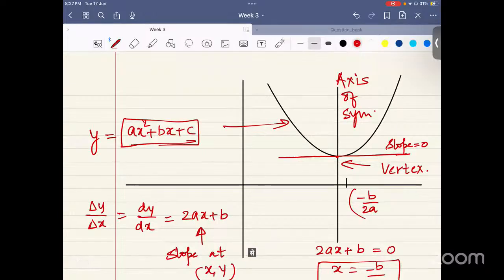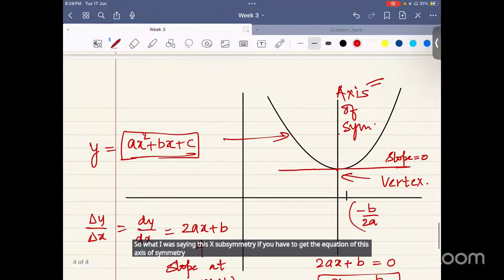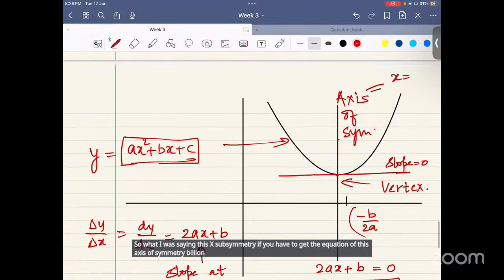See, I told you, for any line that is parallel to the y-axis, what will be the equation? x equals some constant. And that line will for sure pass through this vertex. So what I was saying, if you have to get the equation of this axis of symmetry, it will be in some form of x equals some constant k.